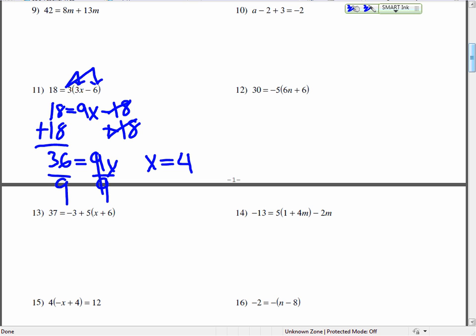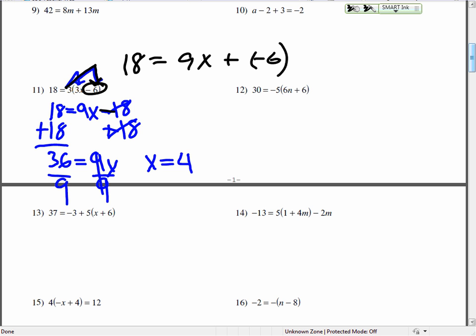Yes, sir, you had a question, sir. Awesome, brother. I mean, if that's going to make it easier for you, but it's actually making it harder. But yes. What he said is, can I go 18 equals 9x plus a negative 6? Yes, but what is 3 times negative 6?